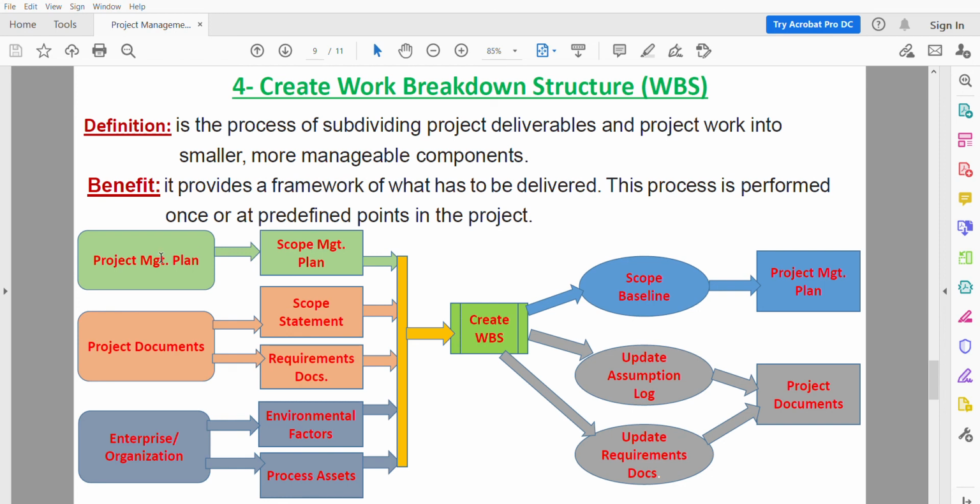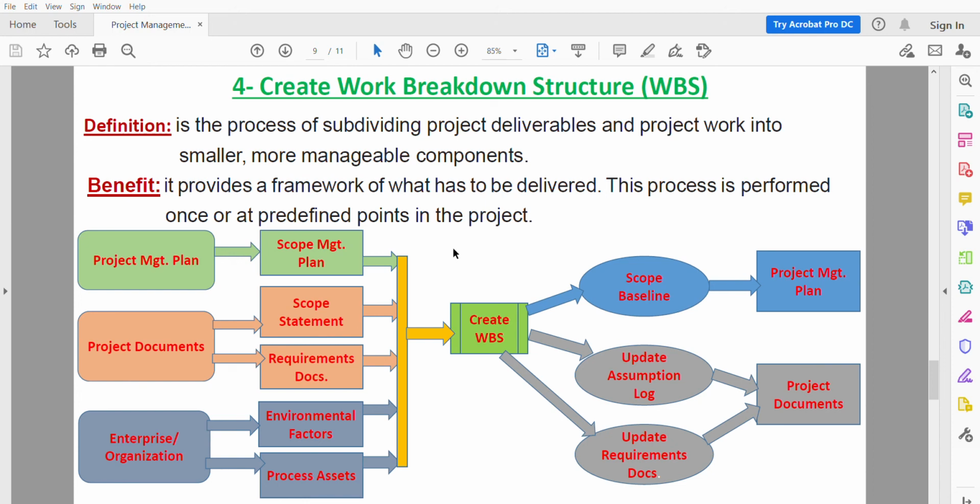This diagram shows the data flow of this process. So the inputs to this process are the project management plan, and part of it is the scope management plan. Second is the project documents: project scope statement and requirements documentation. The third one is the enterprise environmental factors, and the fourth one is the organizational process assets, and we talked about these before.